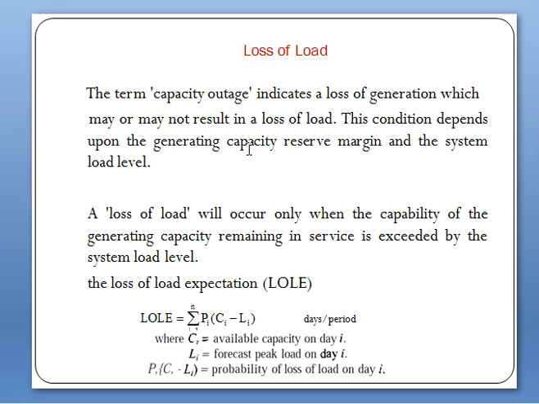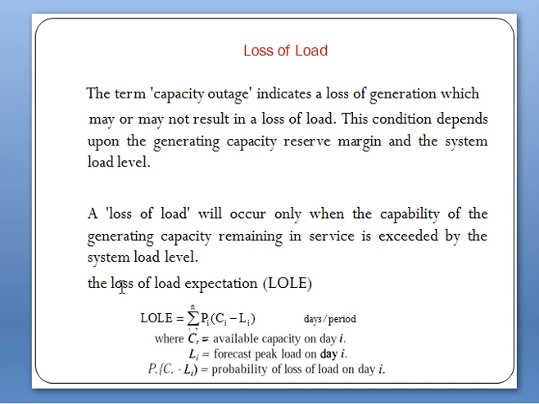Capacity reserve margin and the system load level. A loss of load will occur only when the capability of the generating capacity remaining in service is exceeded by the system load level. Loss of load की कंडीशन कब occur होगी? When the capability of generating capacity remaining in service is exceeded by the system load level.